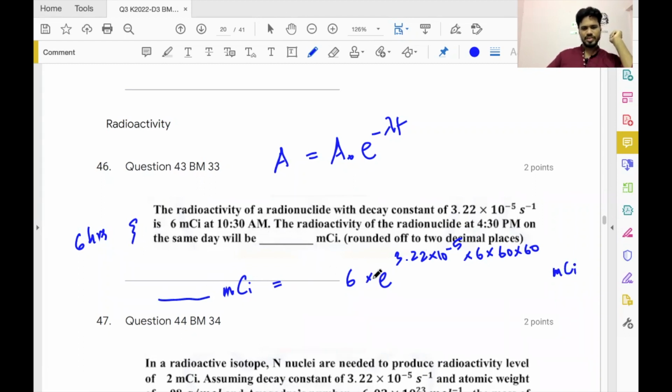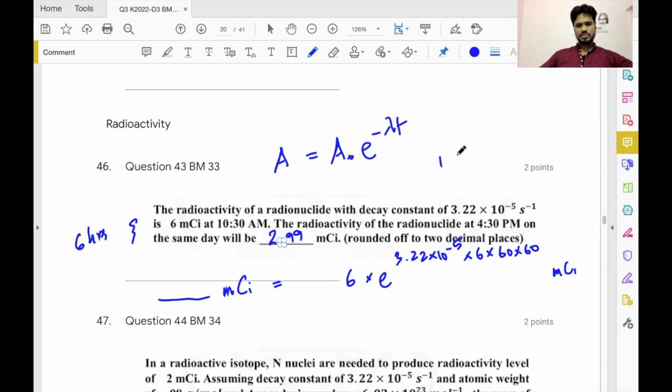So what do we get if we calculate this chunk? I suppose all of you are getting this. So 2.99 millicurie. And be prepared with any unit conversions just in case they ask this in becquerels, 10 power something. Be ready to answer that.